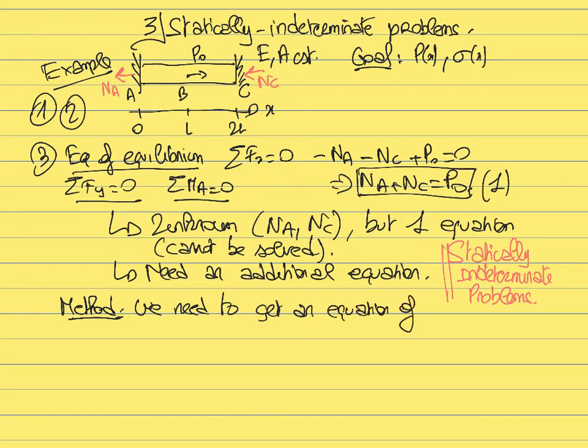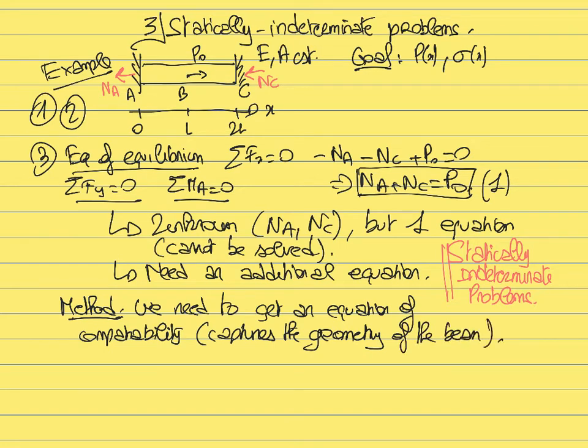The equation of compatibility will be an equation that captures certain features of the geometry of this beam. So there has to be a geometrical constraint about the geometry of the beam, and we can put this geometrical constraint into an equation. This equation is going to give us the compatibility equation that we need to solve the unknowns.